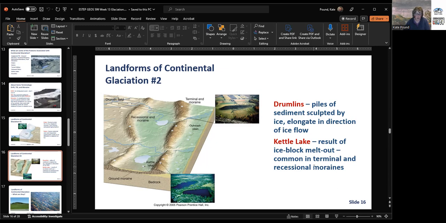Recessional moraines form as ice retreats, and ice rarely retreats in one smooth, gentle phase of movement. It will retreat in fits and stops. And each time it ends up being stagnant for a while, a recessional moraine will form.